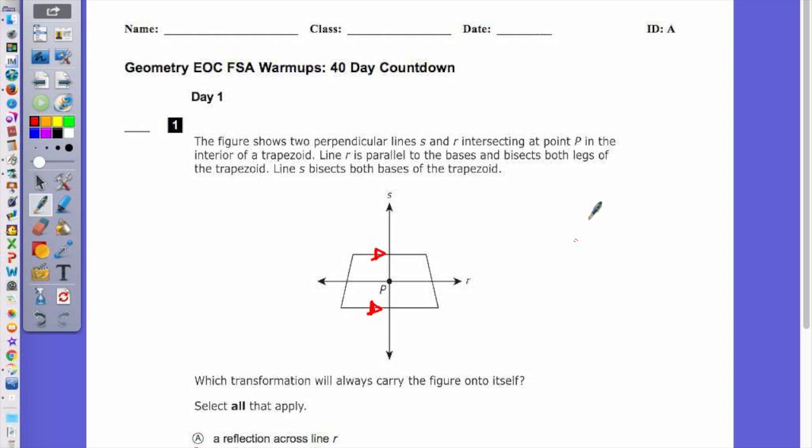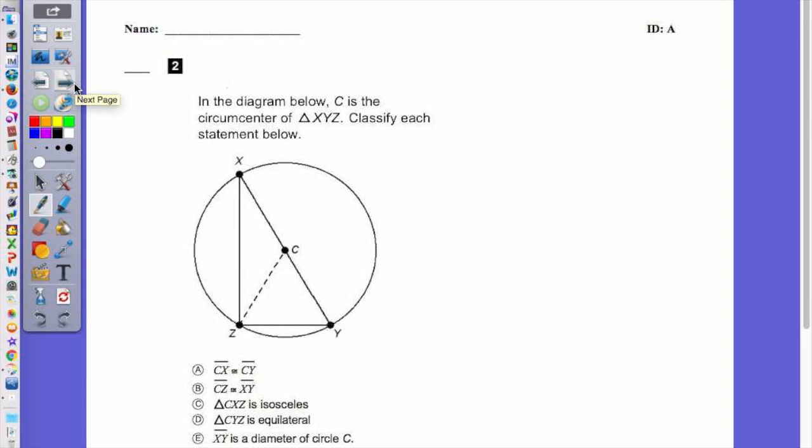Line S. And remember, we learned earlier in the year when we did this unit that if you take 360 and divide by how many lines of symmetry, in this case there's just one, you'll get its rotational symmetry. Okay, it's not how many sides, it's how many lines of symmetry. So that's why 1 is B.